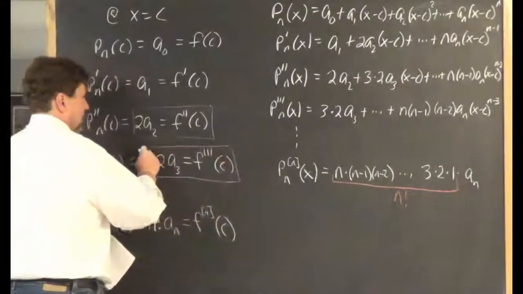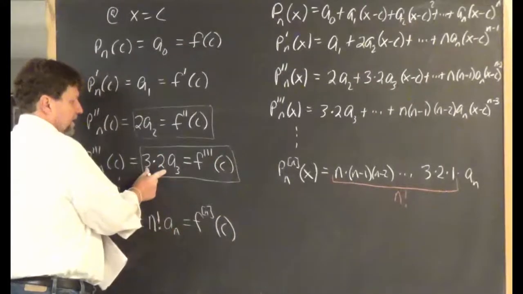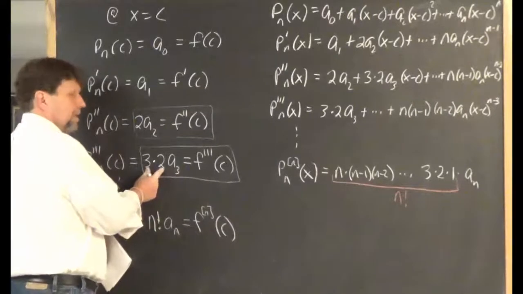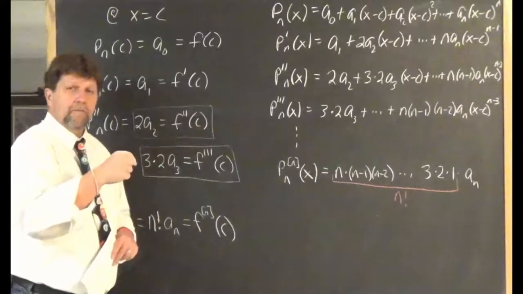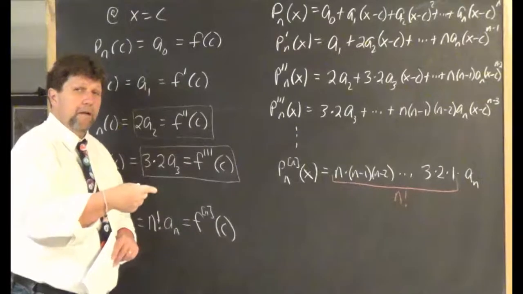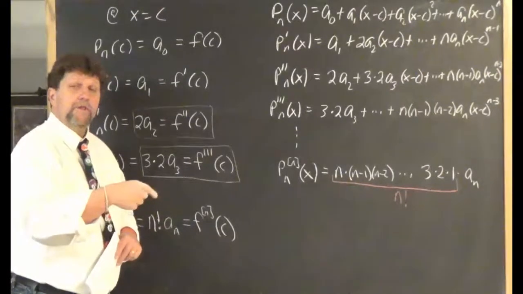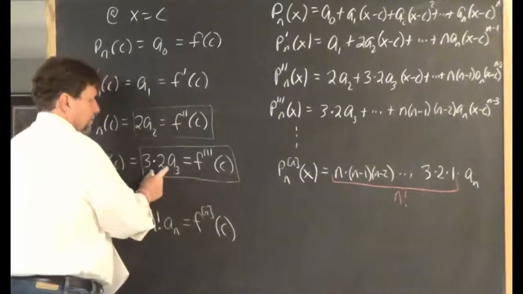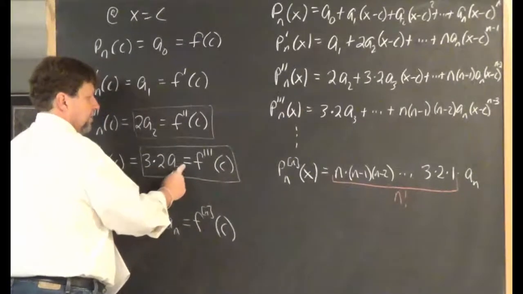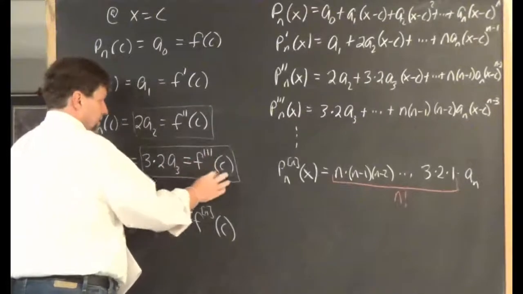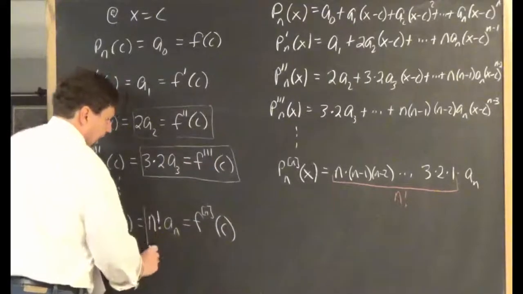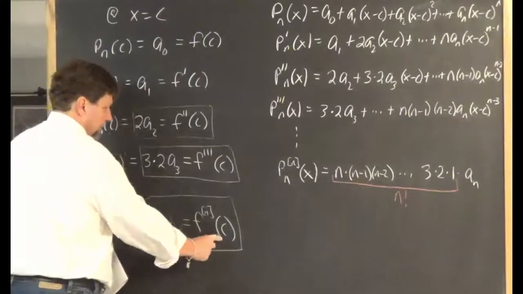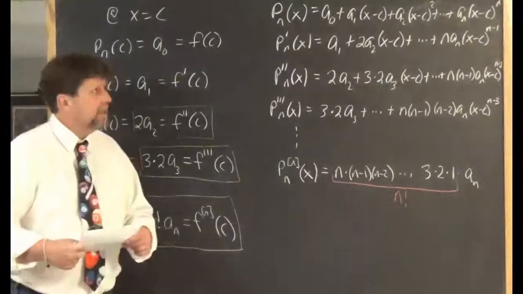Likewise, I can divide both sides of the equation here by 3 times 2. Remember, 3 times 2 is the same thing as 3 times 2 times 1, which is just 3 factorial. So I can divide both sides by 3 factorial to get a sub 3 equals f triple prime of c over 3 factorial. And if I divide both sides here by n factorial, I know what a sub n is.